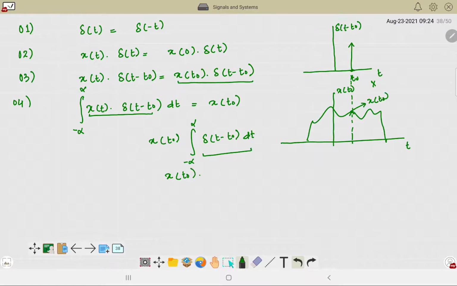Fine. So it's a very important property of an impulse function, and we will be using all these properties when we actually use the impulse function for characterizing our systems.